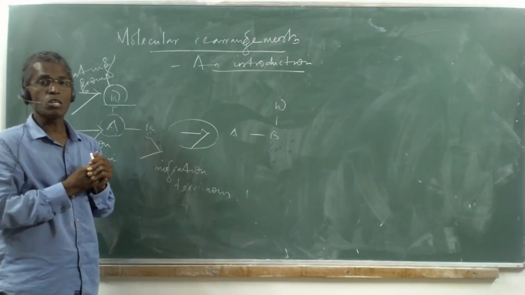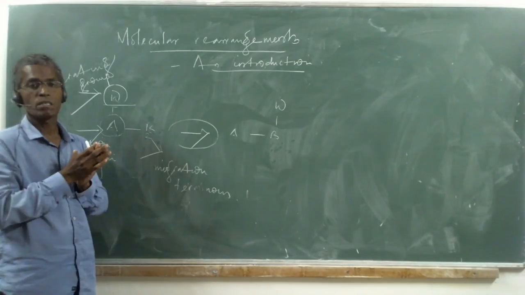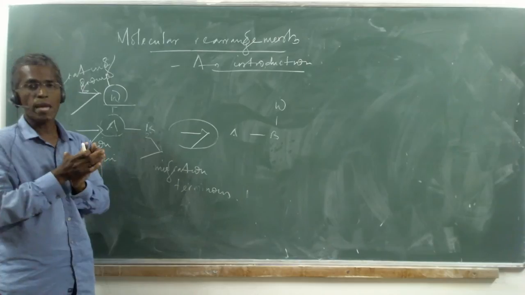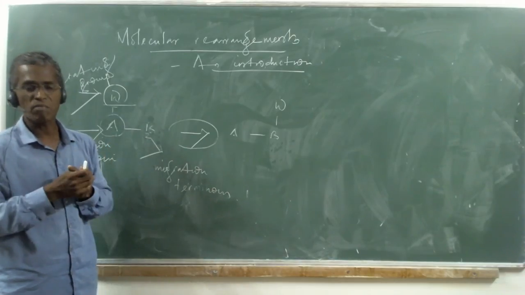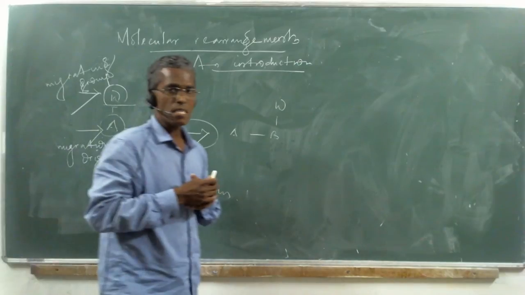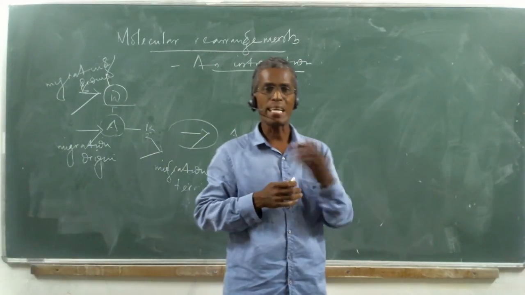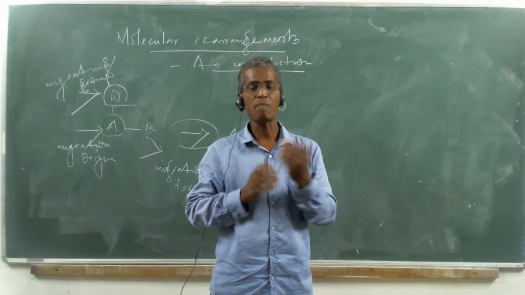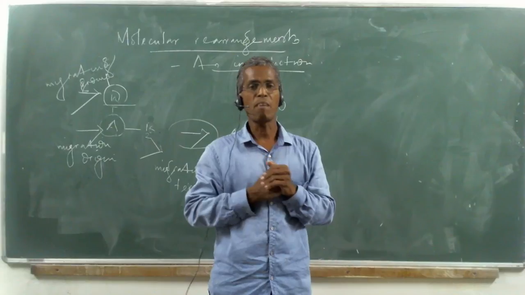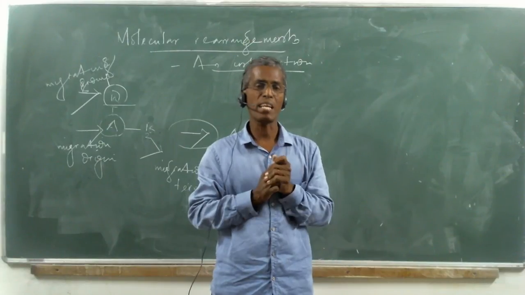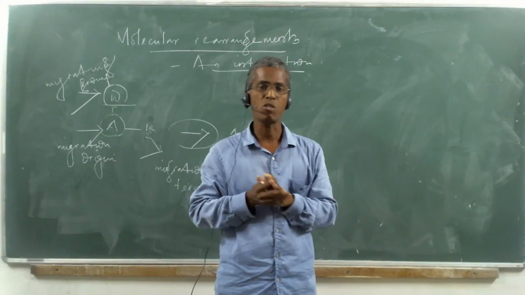The migrating group may be a proton, or it may move with a single electron, that is, with the help of a free radical. Depending on whether the migrating group moves with a pair of electrons, without a pair of electrons, as a proton, or with a free radical, we have 4 different types of rearrangement.